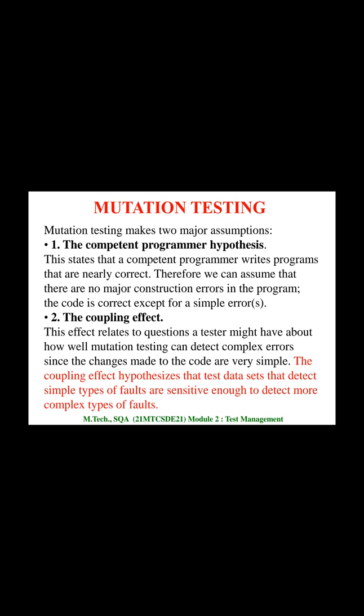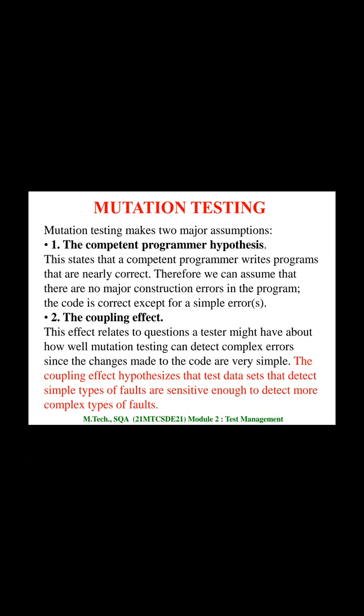The same way here also in mutation testing, we will give importance to the coupling effect. This effect relates to the question a tester might have about whether mutation testing can detect complex errors, since the changes made to the code are very simple. So we'll create the mutant code, then we'll go for testing and try to find the maximum errors, because the mutant code will always have a defect.